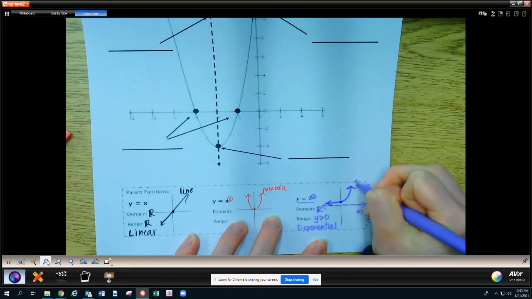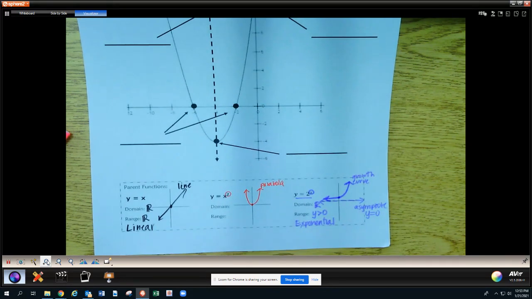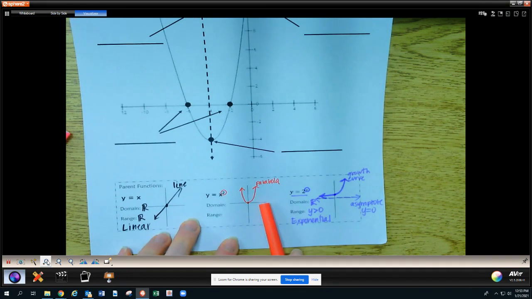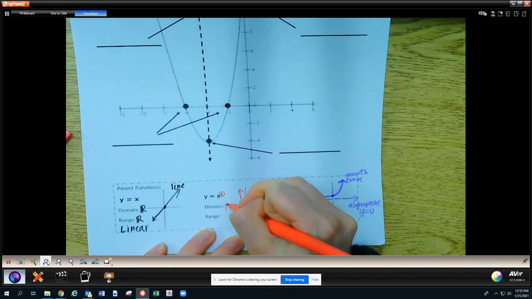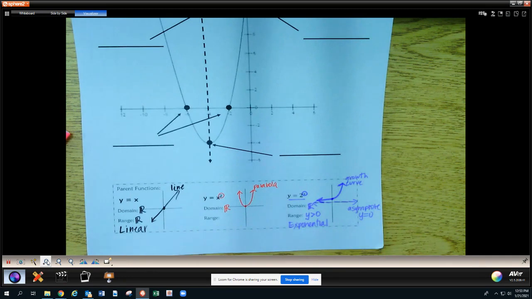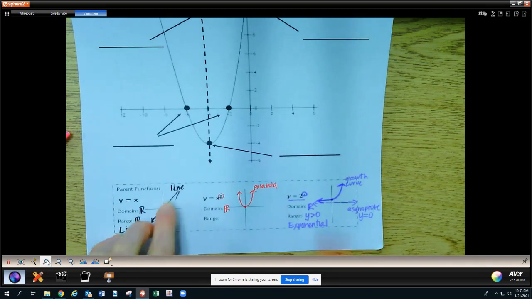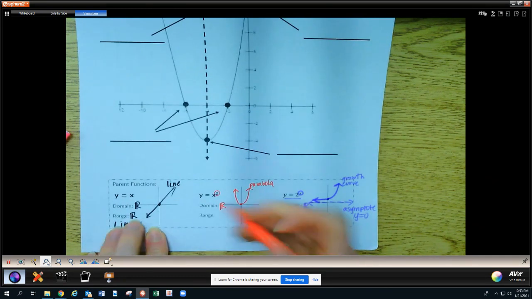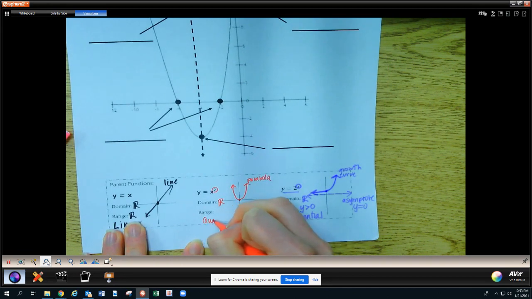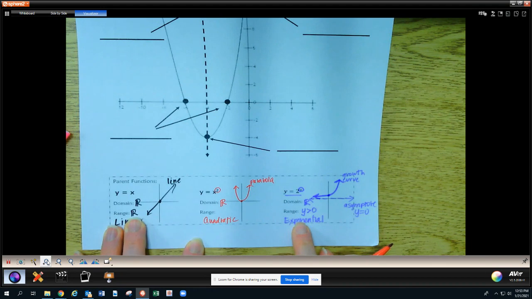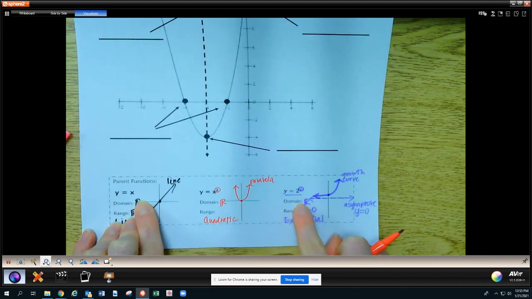We can call it a growth curve as opposed to a decay curve. And so for the parabola, the domain is also all real numbers. So for all 3 of our parent functions, the linear parent function, the quadratic, and the exponential, all of them always have a domain of all real numbers.